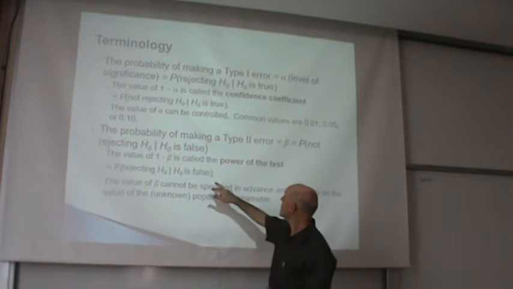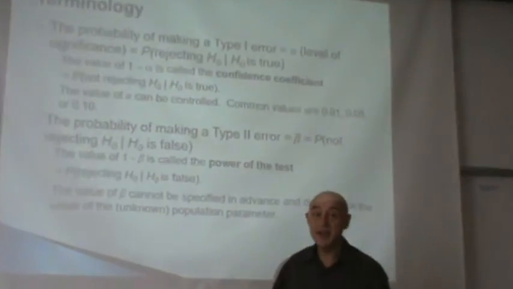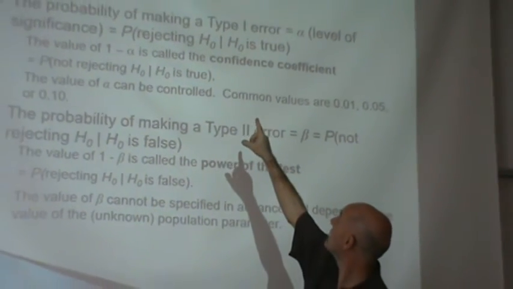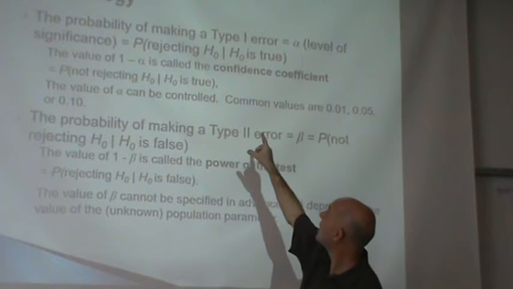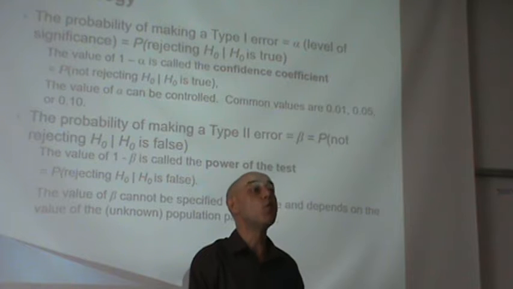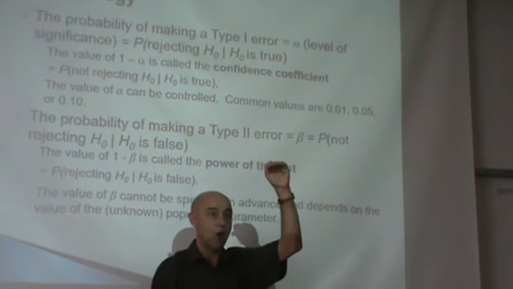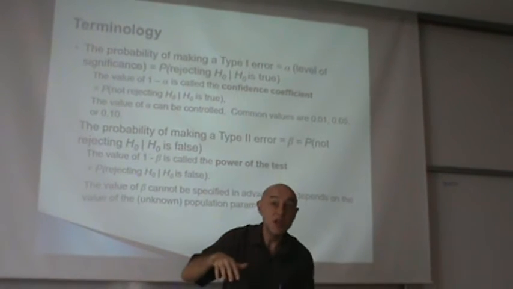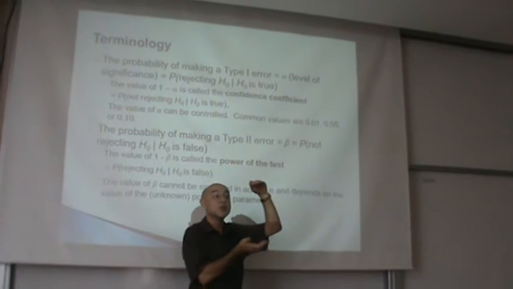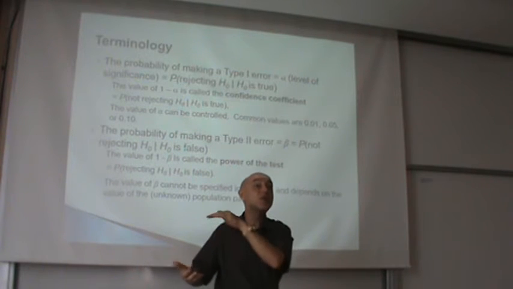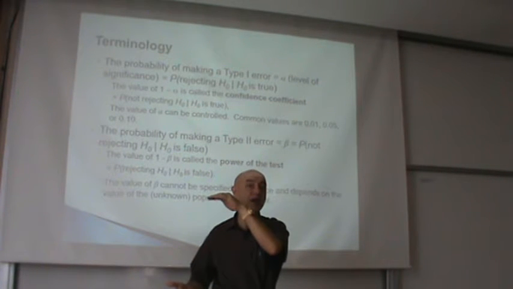Okay? And you got a power of the test, and the power of the test partially relates to the level of significance. So, if you want to improve the one, we say that there is a trade-off between the two. If you want to improve and reduce the one error, you will somehow increase the chance of the other error.